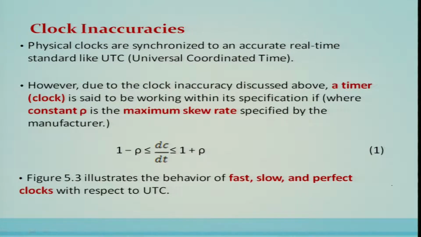So, clock inaccuracies. Physical clocks are synchronized to an accurate real-time standard like universal coordinated time, also called UTC. However, due to the clock inaccuracies discussed above, a timer clock is said to be working within specification if the constant rho, the maximum skew rate specified by the manufacturer, bounds the clock rate, that is, the rate must be upper bounded by 1 plus rho and lower bounded by 1 minus rho.